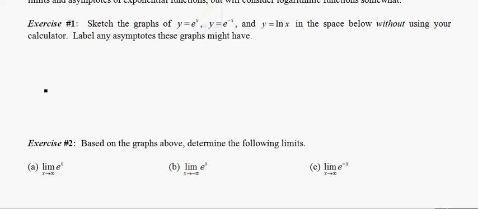Okay, let's begin. Now, the most important thing to realize about e to the x is that since e is a number that's approximately 2.7, that means that it's greater than 1. And because it's greater than 1, e to the x will be an increasing exponential. So we should have a very good sense for what increasing exponential functions look like.